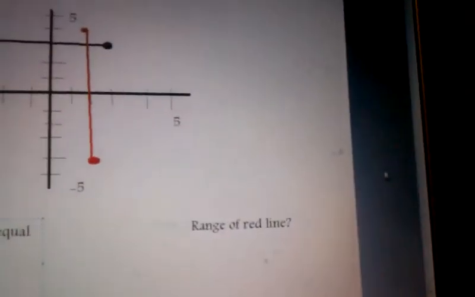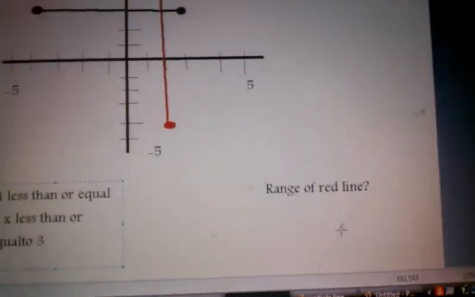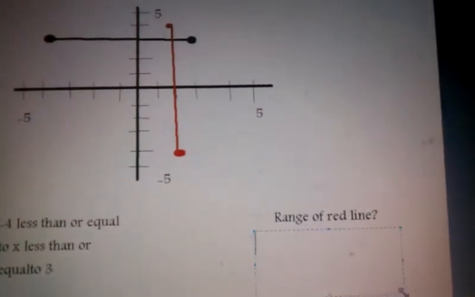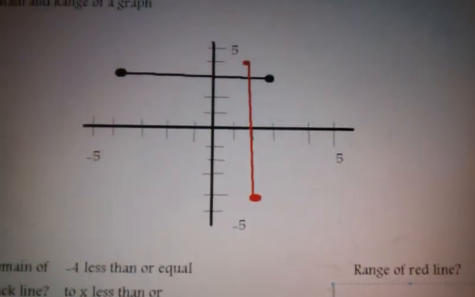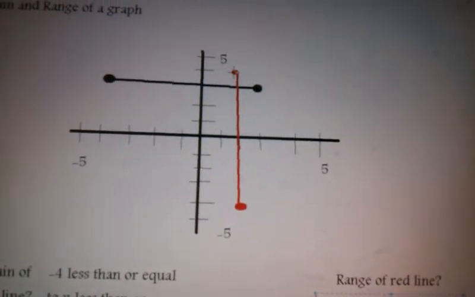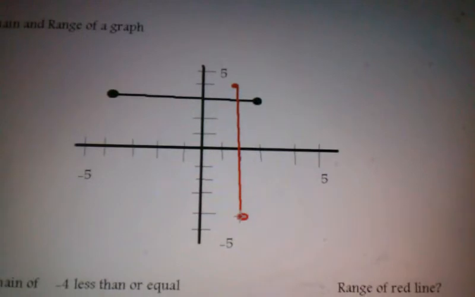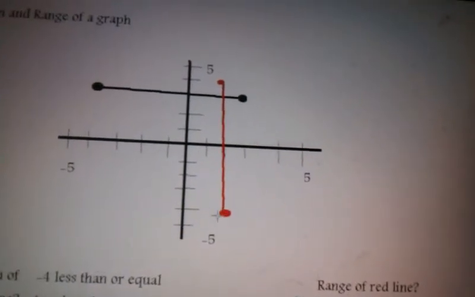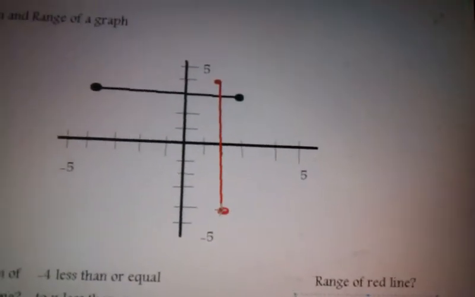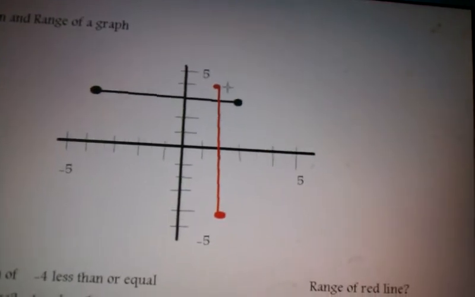And now, the range of the red line. As you can see, 4 and -4 are the 2 points, which are also solid dots, and the line itself is also solid.